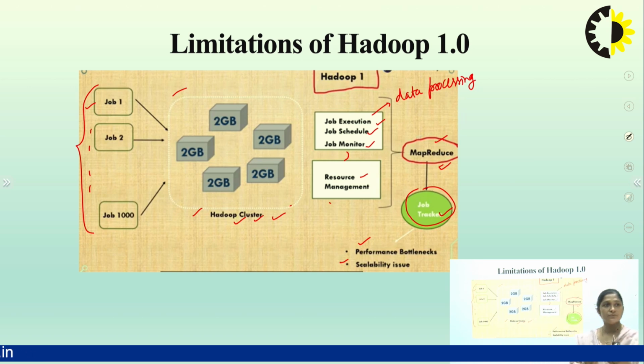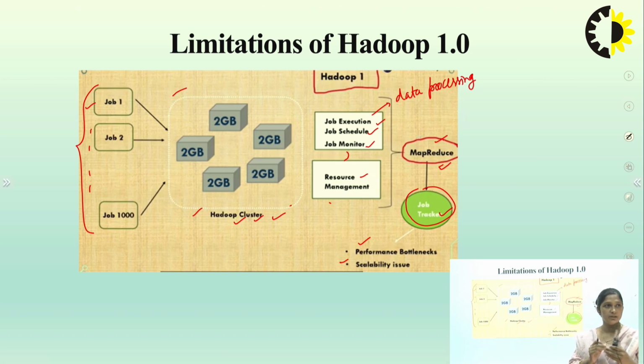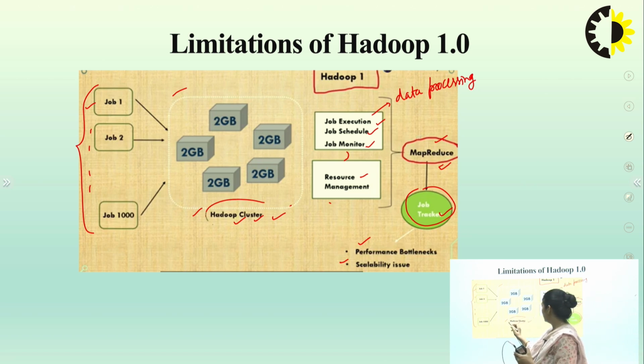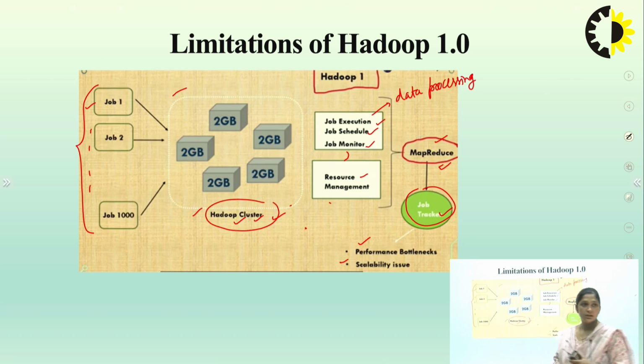But if the number of jobs increases, say 10,000 jobs, or 1 lakh jobs or more, this was not sufficient to process all these jobs together. There will be a scalability issue. If the cluster has more jobs, the process is very slow, so a bottleneck problem will arise.